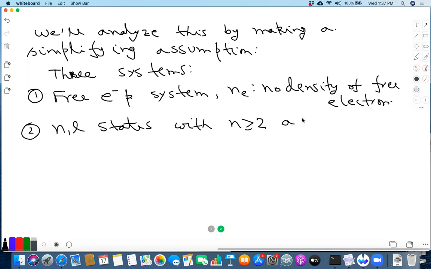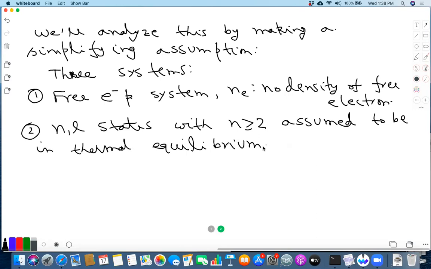And these we will assume to be in thermal equilibrium. That basically means that we can write NNL in terms of N2S by using the thermal distribution.